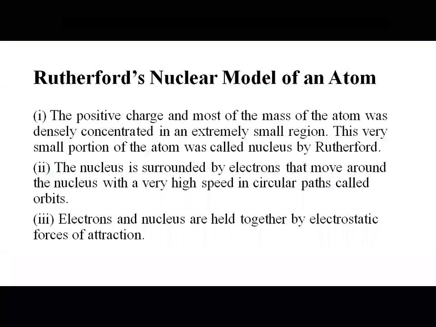Conclusions, what he came to. So with these conclusions, he came to the postulates, you can say, of Rutherford's nuclear model of an atom, or Rutherford's atomic model. So what Rutherford said was, you consider any atom, it consists of a tiny positively charged nucleus at the center, and it is surrounded by a hollow empty portion called the extranuclear part.